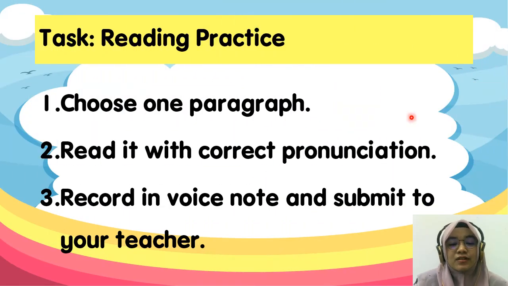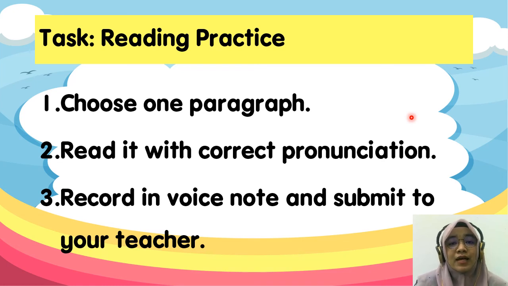Your task for today is very simple. I want you to choose one paragraph only. I repeat myself: please choose one paragraph, either paragraph 1 or 2, and read it with correct pronunciation. Baca dengan sebutan yang tepat dan betul.